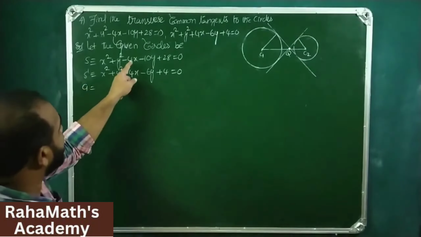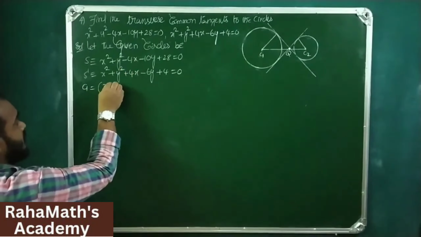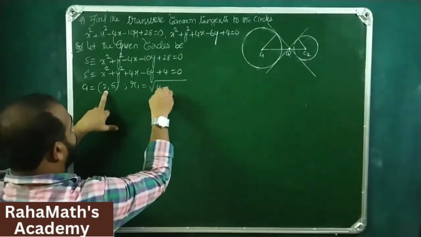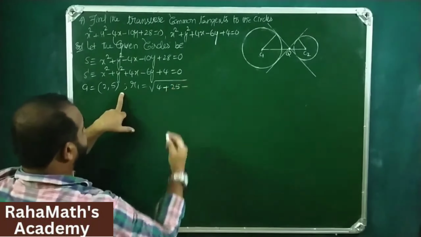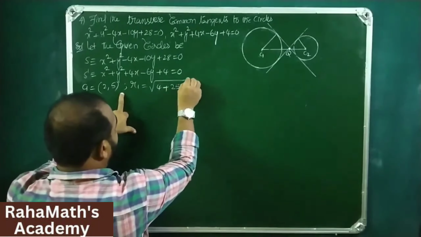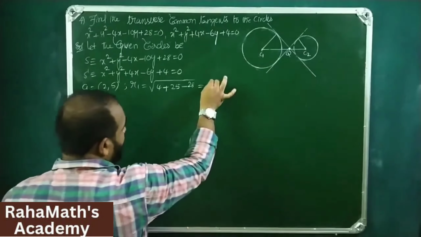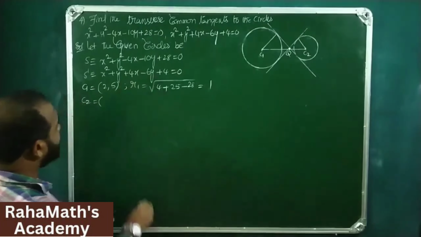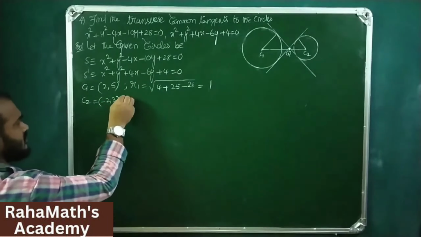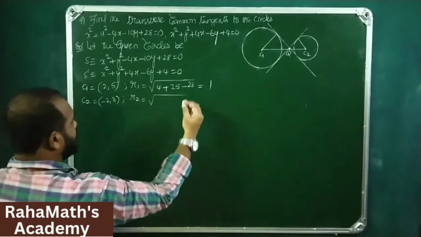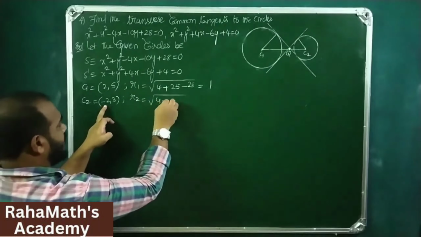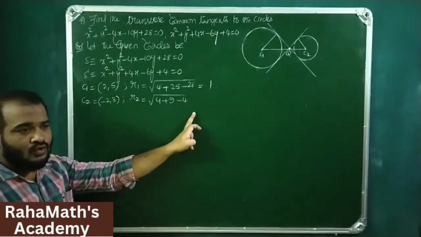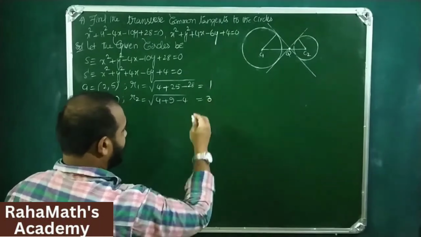The center of the first circle is C1 (2, 5), and the radius is R1 equals root of 4 plus 25 minus 28, so root of 29 minus 28, which is 1. C2 is (minus 2, 3). R2 is root of 4 plus 9 minus 4, the 4 gets cancelled, root 9, and the value is 3.